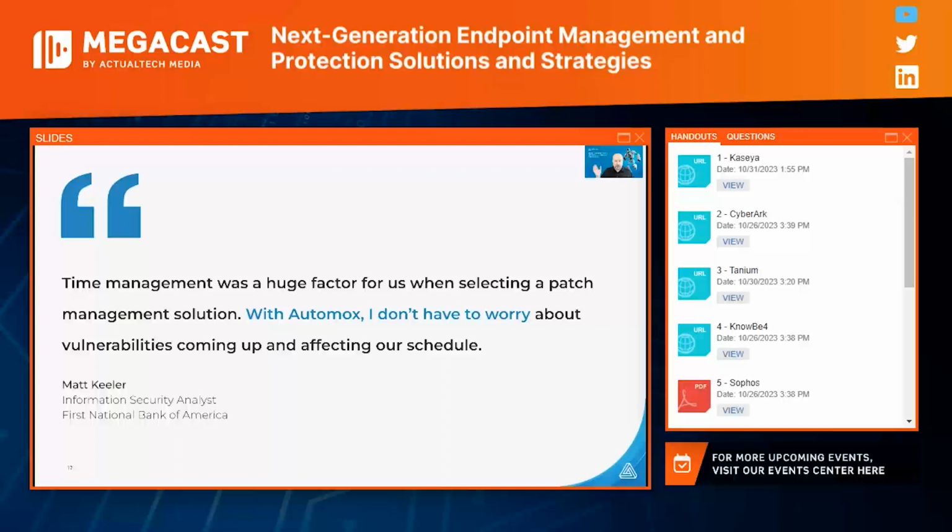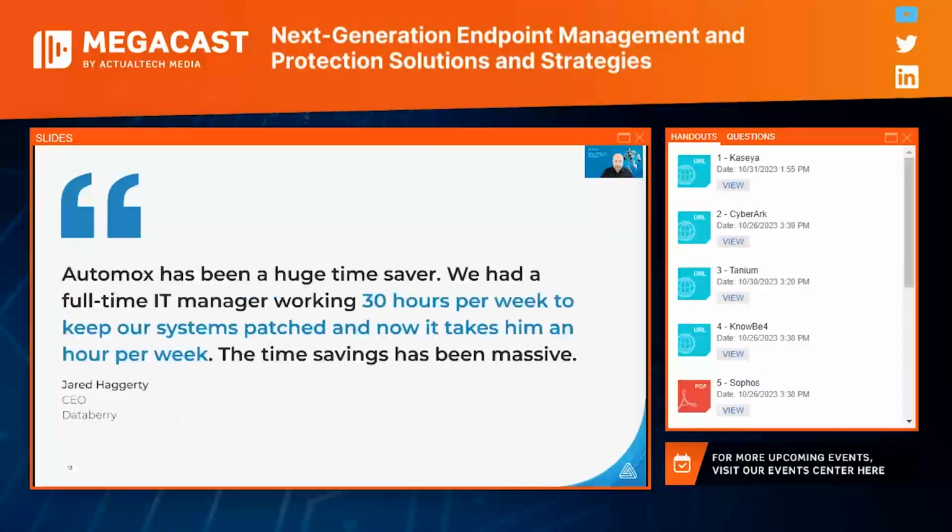I want to do functionality patches once a quarter. Whatever fits your schedule. Have different policies for user workstations versus servers. Have different policies for different groups of users. All of those are easy to do and very straightforward within Automox. And then, "30 hours per week to keep our IT systems patched before Automox. Now it takes an hour per week."